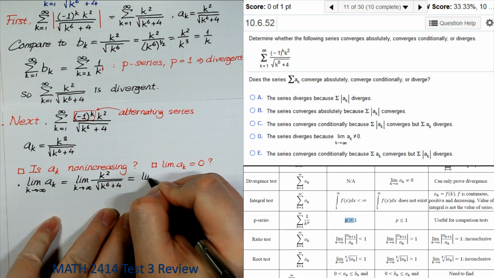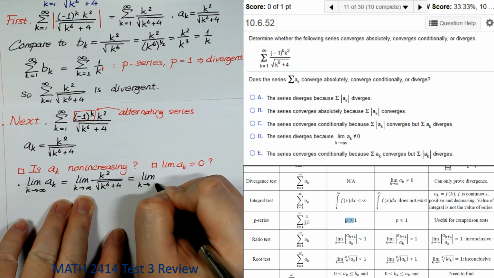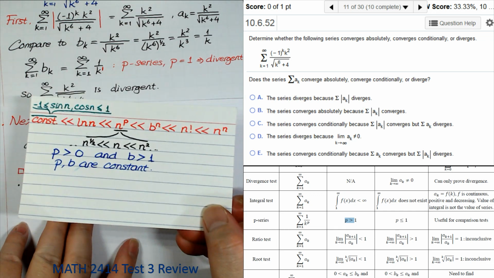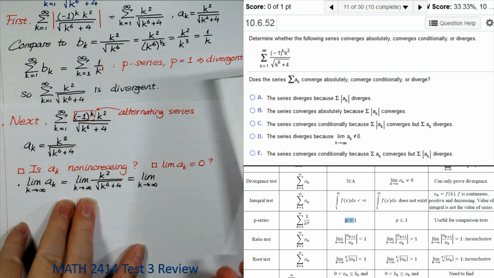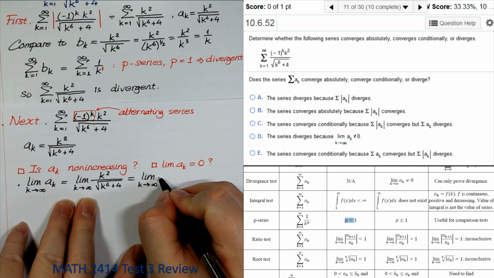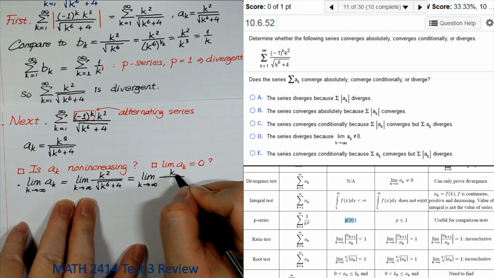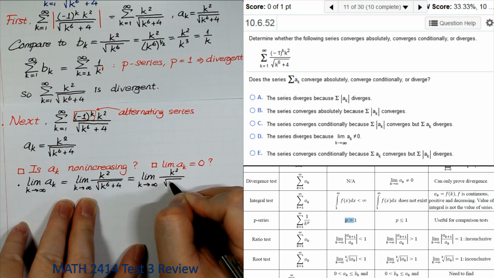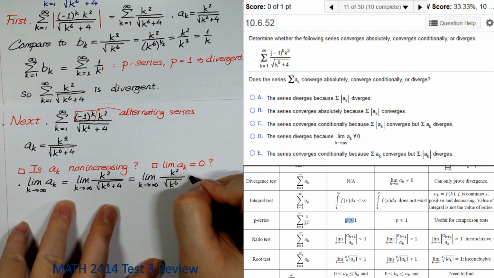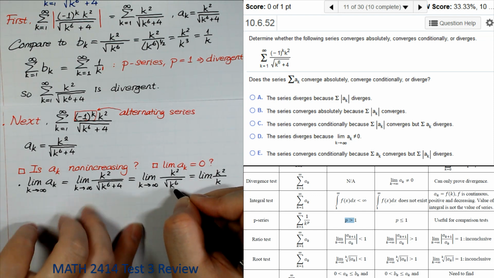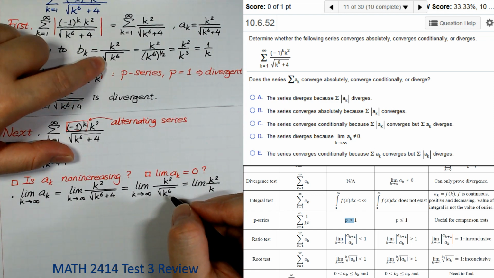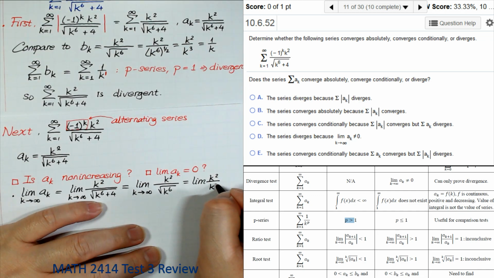When we check the limit, as k goes to infinity, we can use the ranking. This ranking works if it goes to infinity. And we did show that square root of k to the 6 is k cubed.